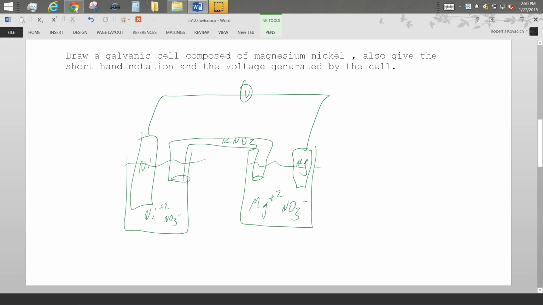Okay, so which direction are the electrons going to go? From the magnesium to the nickel, right? From the magnesium to the nickel. So really specifically, it's going to go from the magnesium metal that's here, sending the electrons over.